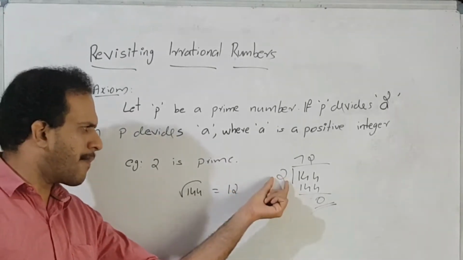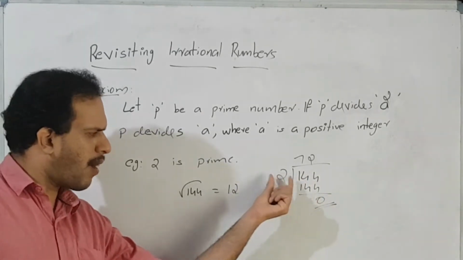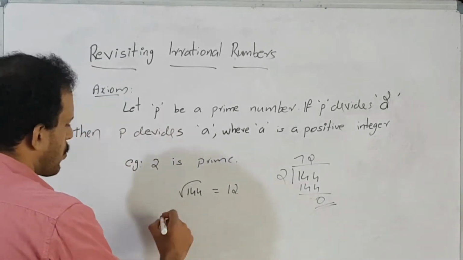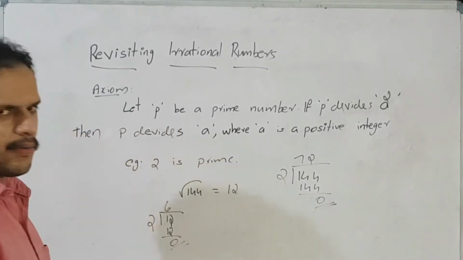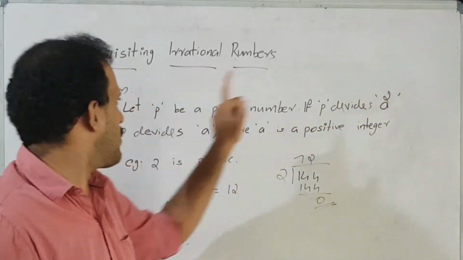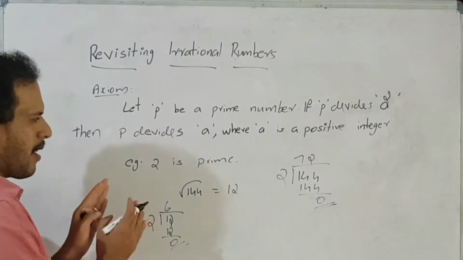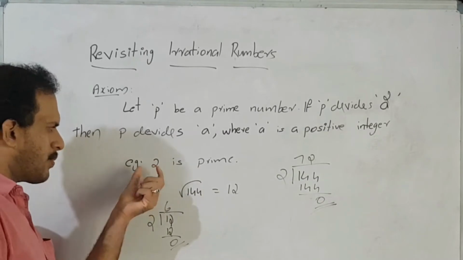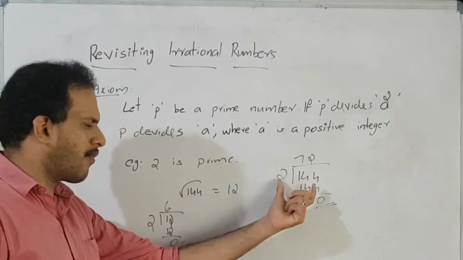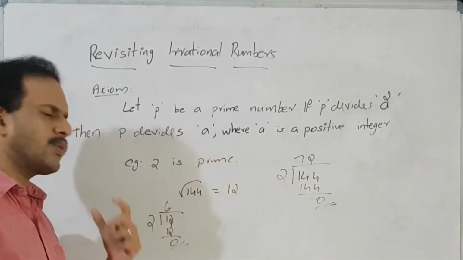If the prime number divides the square number 144, then surely 2 divides the square root of 144, that is 12. So 2 also divides 12. Clear? If a prime number P divides a square, then P divides a also. That is the theorem. Here we consider the prime number 2. That 2 divides 144, the square of 12, then surely 2 divides 12 also.